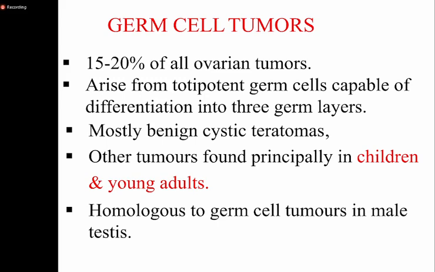The germ cells are totipotential cells and capable of differentiating into the 3 germ cell layers. This is just the way they are because they are the ones that give rise to the human being on fertilization. So they are totipotential cells with the ability to differentiate into 3 germ cell layers.